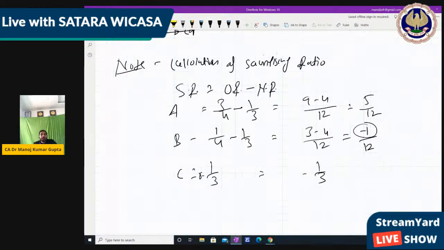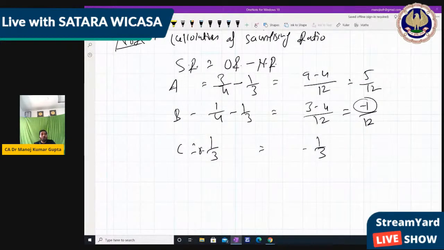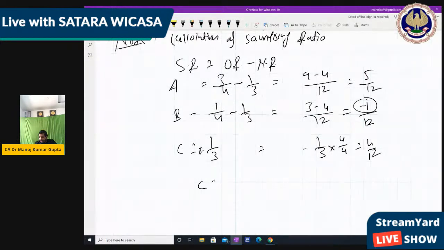So now, how much do we have to bring? We have to bring 1/12, where C brings 2,000 for 1/3. Then how much for 1/12? Either you can convert it into 12 only. So it is multiplied by 4, so 4/12. We can multiply both sides with the same figure, no problem. That means C is bringing 2,000 for 4.